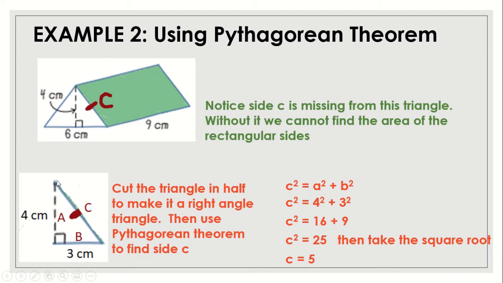And we're going to use that to find the side length C. I'm going to start with C squared is equal to A squared plus B squared. Well, A squared is 16, B squared is 9. That means C squared is 16 plus 9, that's 25. In order to find the side length C, I take the square root of 25, and I wind up with the side length being 5.